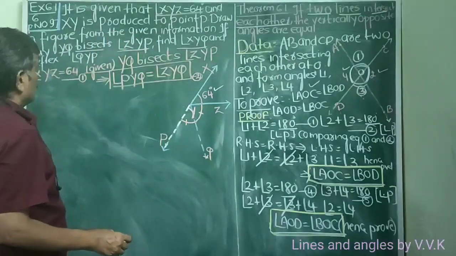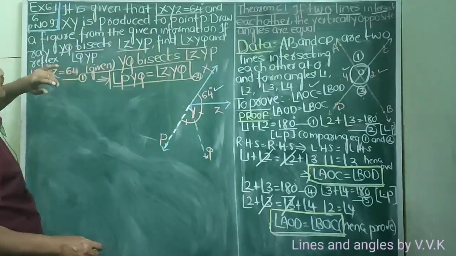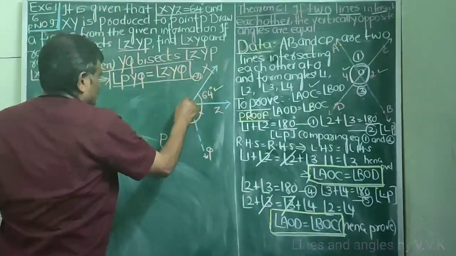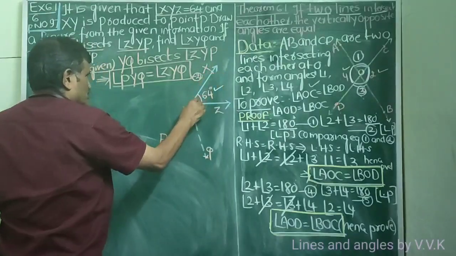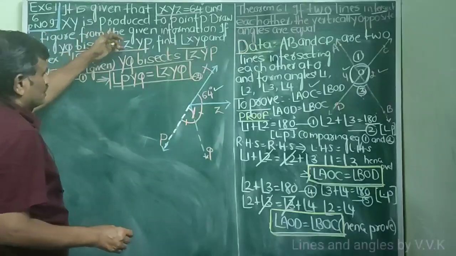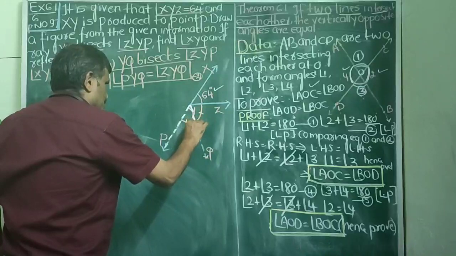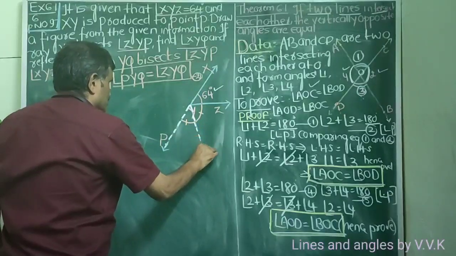Draw a figure from the given information. Already I have drawn the figure from the given information. XYZ is 64. XY is produced up to P. Then if YQ bisects angle ZYP, this YQ is bisecting. Bisecting means making two equal parts. So it is making two equal parts here.